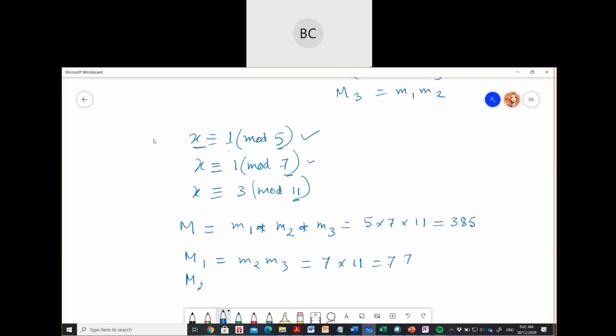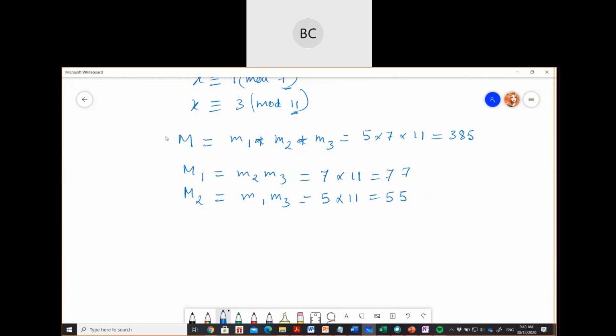Next you need to find m2. M2 will be m1 and m3. So it will be 5 into 11, which is 55. Next need to find m3, and m3 will be m1, m2. So it will be 5 into 7 equal to 35.